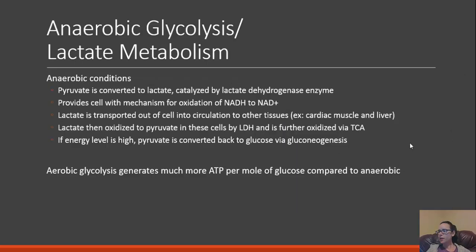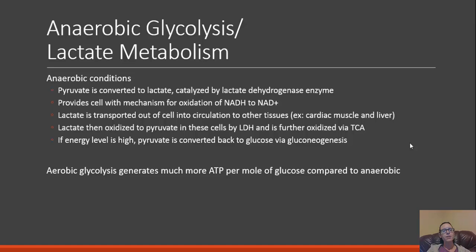Under anaerobic conditions, the pyruvate is converted to lactate, and this is catalyzed by the lactate dehydrogenase enzyme. If there's not enough oxygen in the cell, or the cell is a non-oxidative cell like a red blood cell, the pyruvate is converted to lactate.